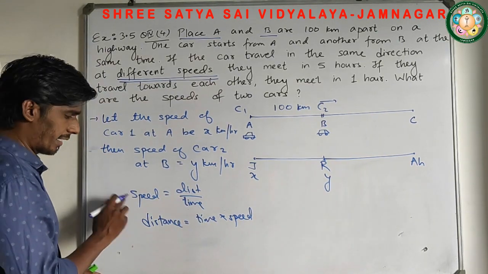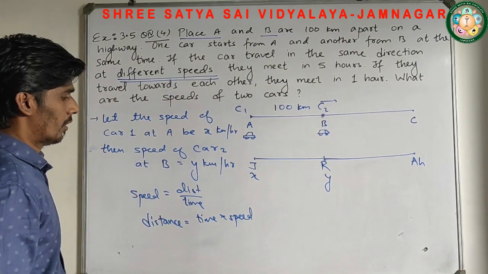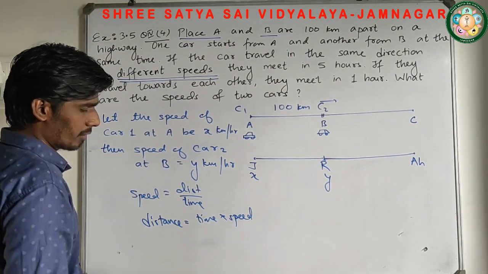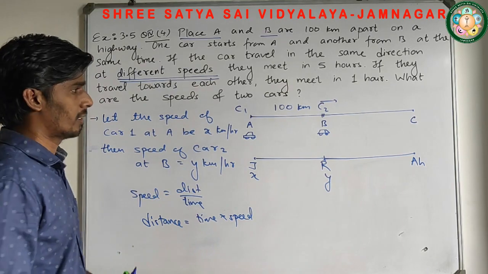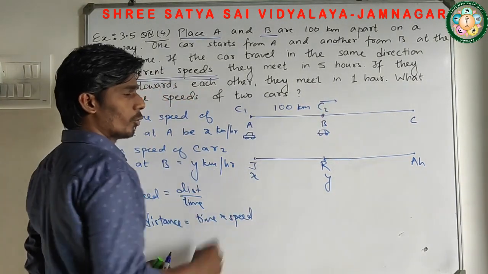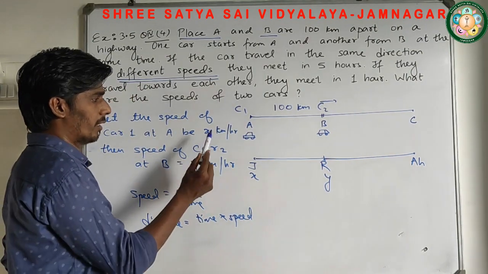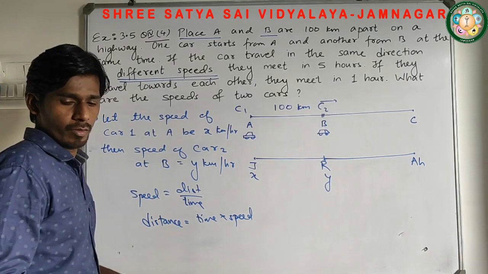This time will move this side and get multiplied. So distance equals time into speed. Now from this it is possible to find how much distance is covered by car 1 and how much by car 2, because we know the speeds in the form of variables. Its speed is x and this one's speed is y.